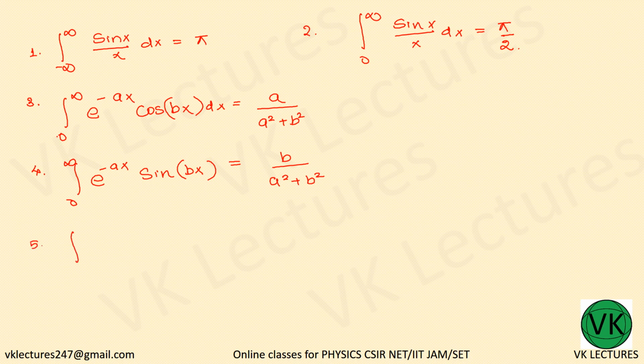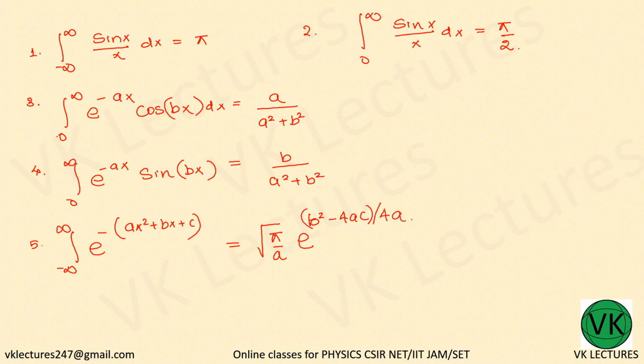Fifth one, integral from minus infinity to plus infinity e to the power minus of ax square plus bx plus c is equal to root of pi by a e to the power b square minus 4ac divided by 4a.